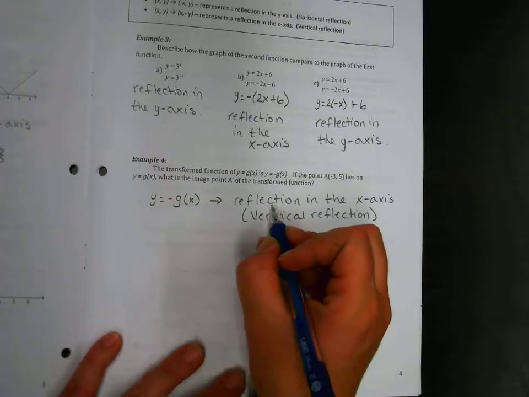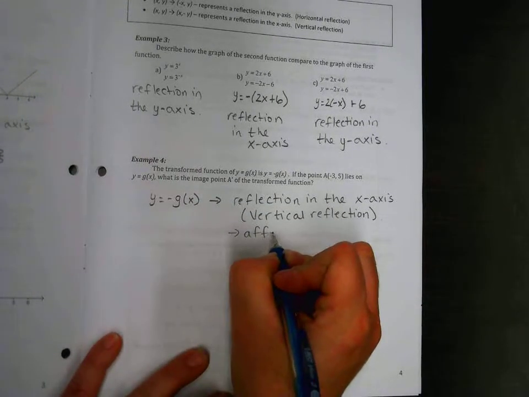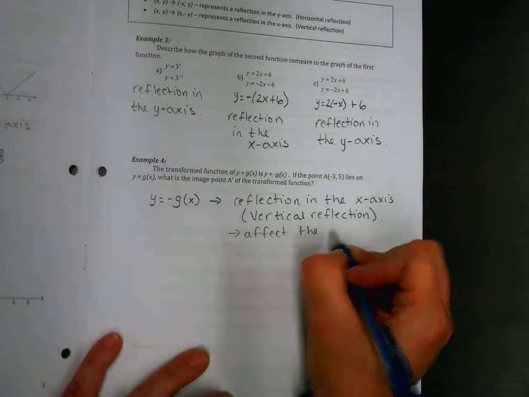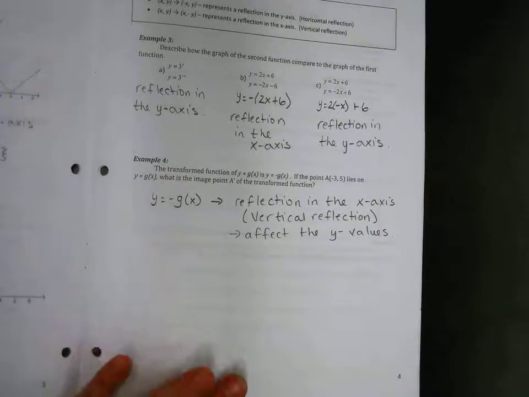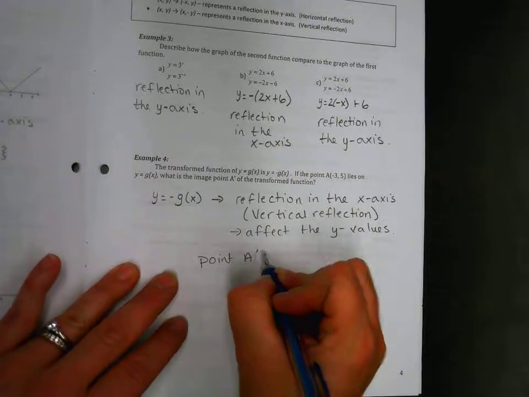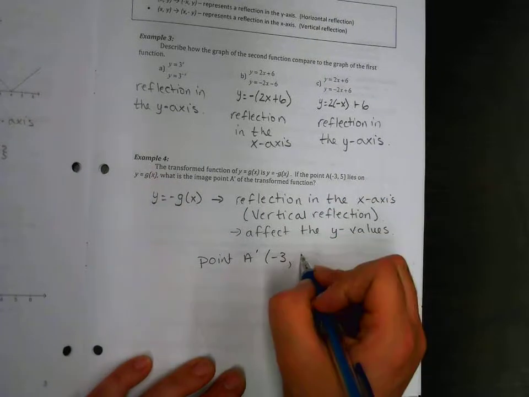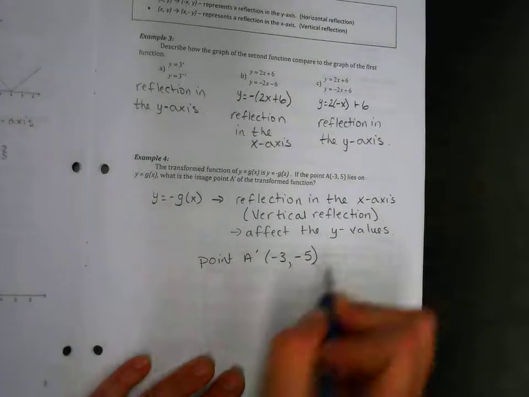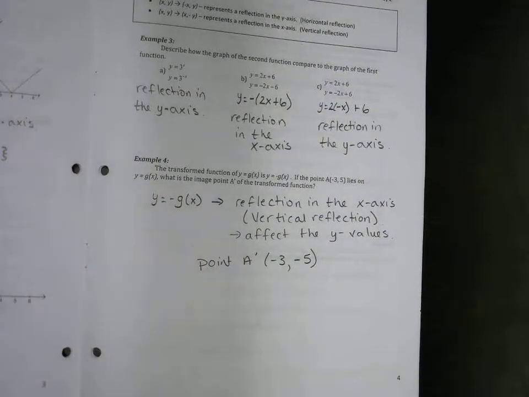Well, technically a reflection in the x-axis is going to affect the y values. Therefore, point A is going to become the same, except my y value is going to be affected, which is going to be a negative 5. Okay, and that is reflections.